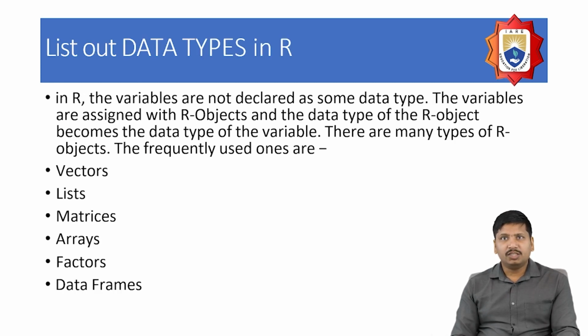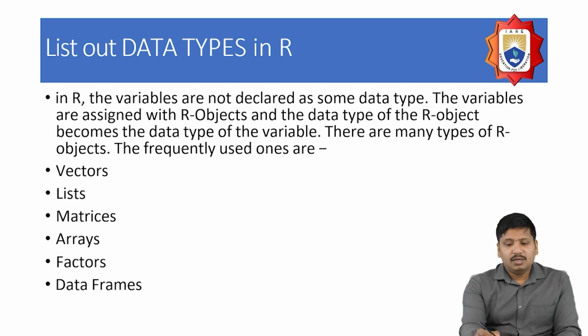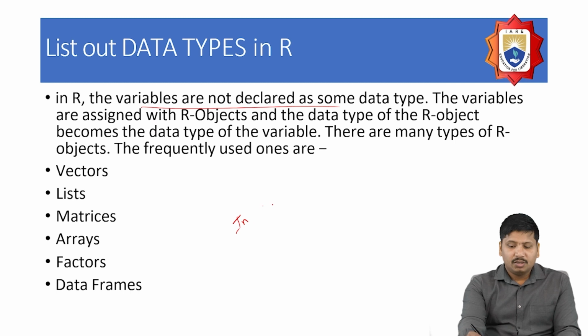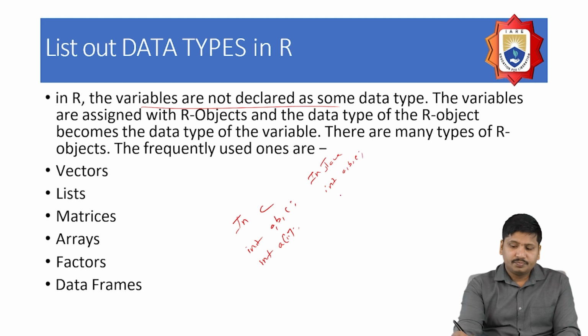Next one: list out the data types in R. What are the various data types in R programming? Here the variables are not declared in R programming. In C we have to mention the declaration of variables, in Java also we have to mention the declaration of variables, and in C++ we also have to declare the variables.